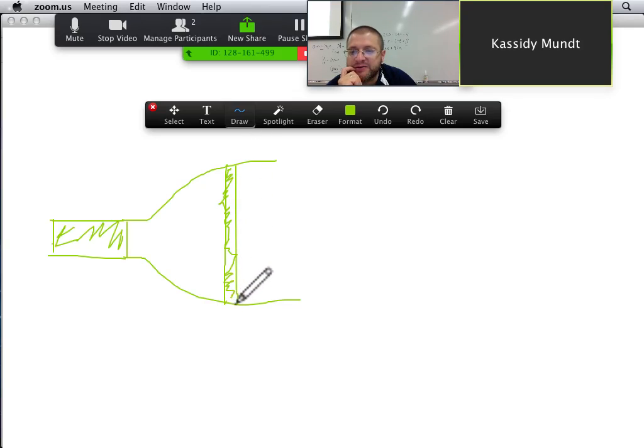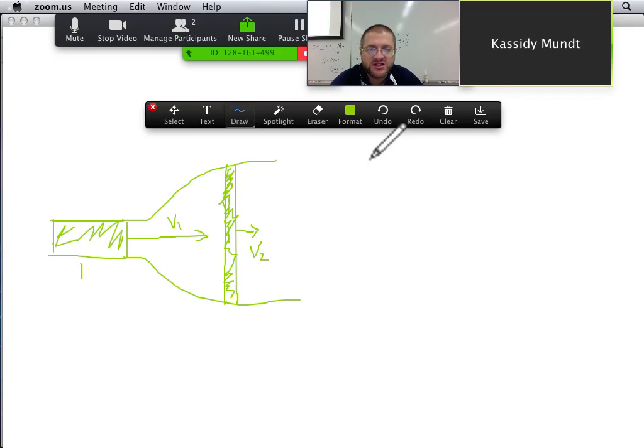Which one did we decide was going faster? The one on the left, the small one. The small one is going faster, so it has a velocity that's kind of big, velocity 1. We'll call this fluid 1 over here. And then fluid 2 has a smaller velocity, velocity 2, right?